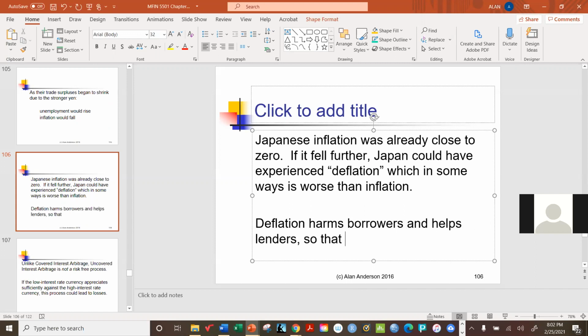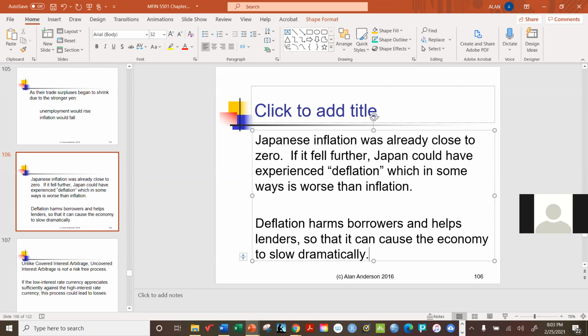so that it can cause the economy to slow dramatically. Now, the last time we had deflation in the United States was during the Great Depression. So that tells you what can happen.